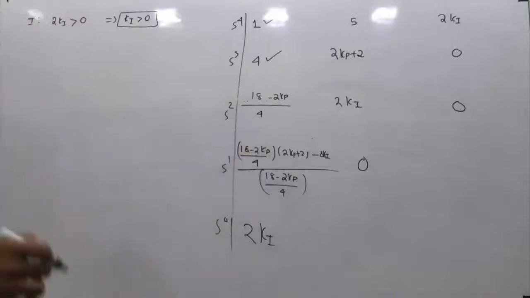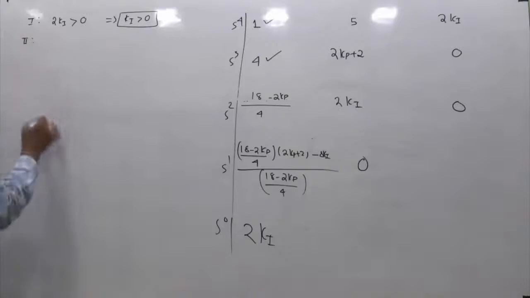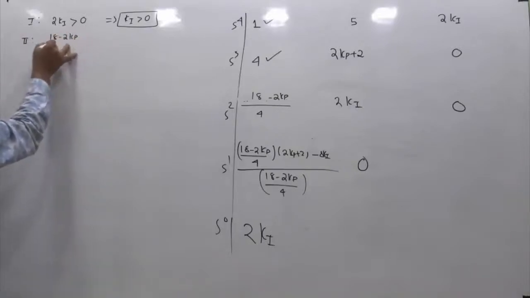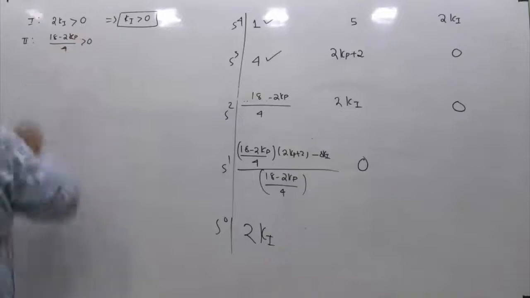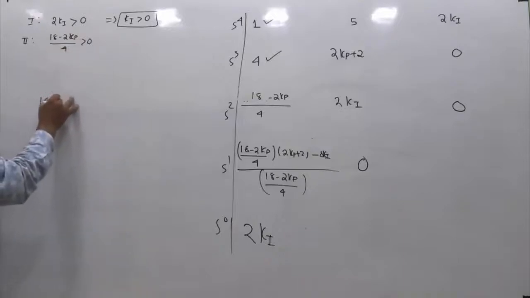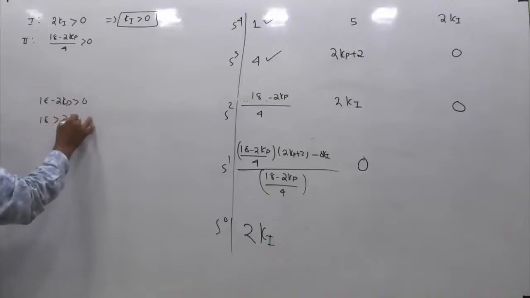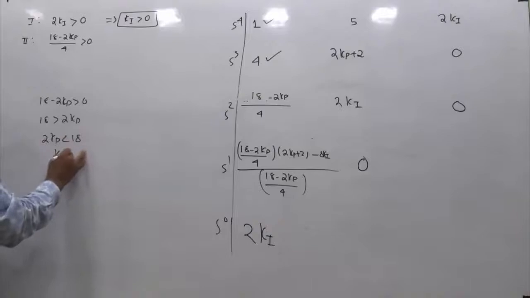Now what is this condition? This is condition number 2: 18 minus 2 Kp divided by 4 should be greater than 0. So if you see, 18 minus 2 Kp greater than 0, 18 is greater than 2 Kp, 2 Kp is less than 18, so Kp is less than 9.